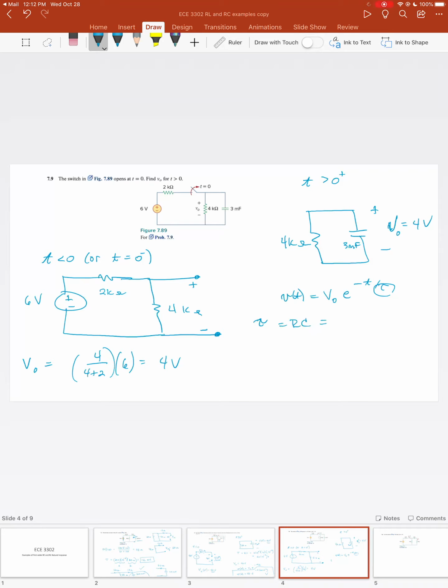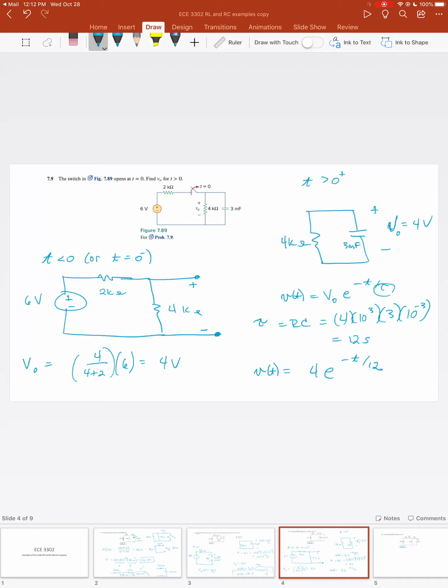So what we need to find is tau. So tau is RC, so it's 4 times 10 to the third, times 3 times 10 to the minus third, so tau is 12 seconds. So V of t is 4 e to the minus t over 12.